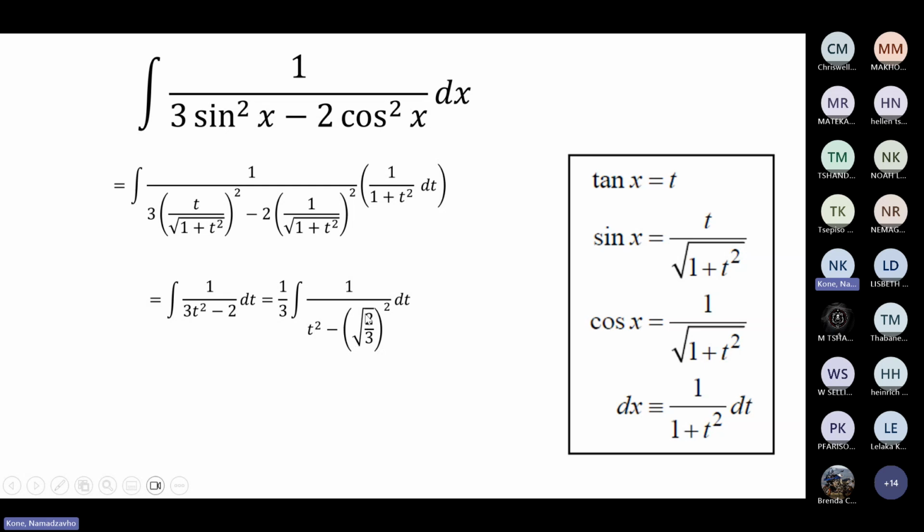It becomes the square root of 2/3, squared, because when you square it, the square root cancels out with the half and you get back your 2/3. That is why this equals that, because if you square this and multiply 1/3 inside, you get back here.